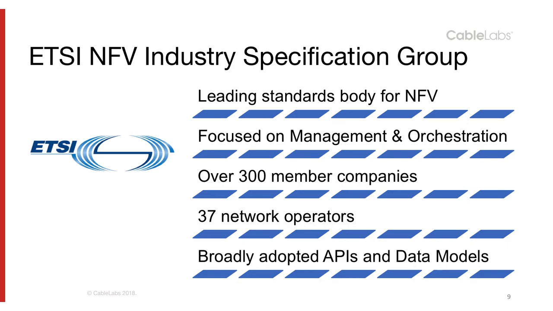They're focused all the way from infrastructure to management and orchestration. There are over 300 member companies, 37 network operators, and the APIs and data models that the NFV ISG has developed are really the gold standard across the industry.